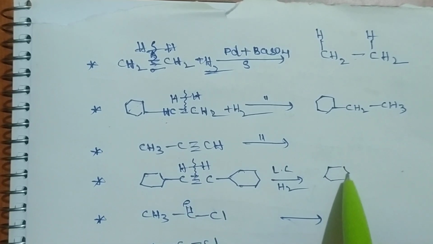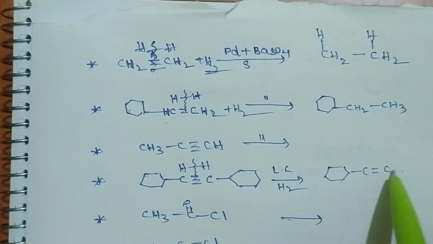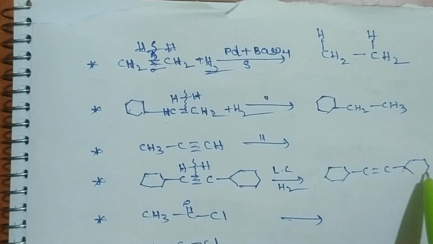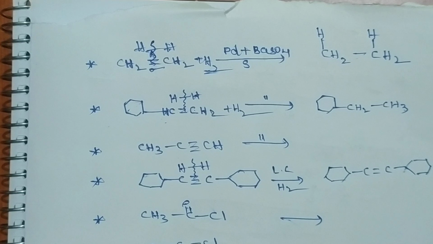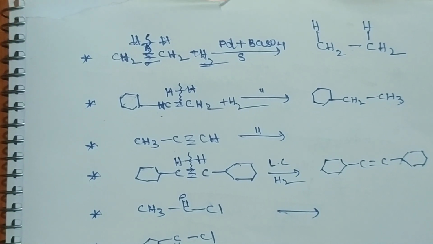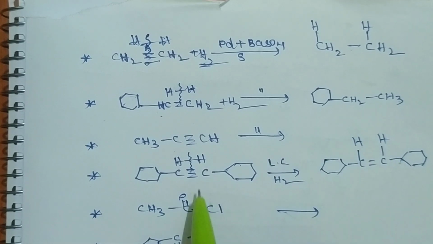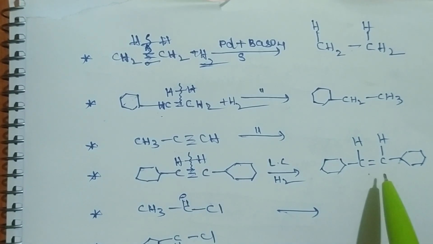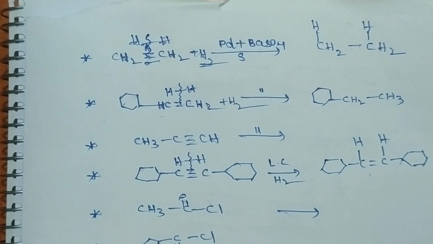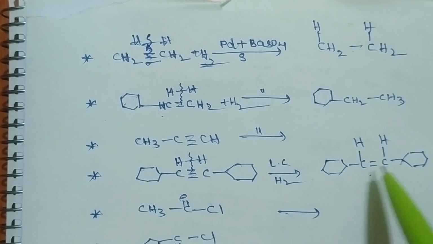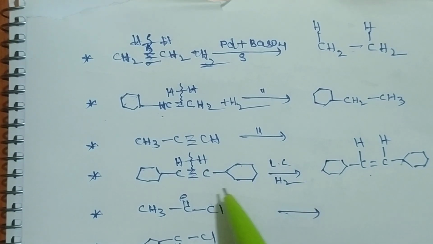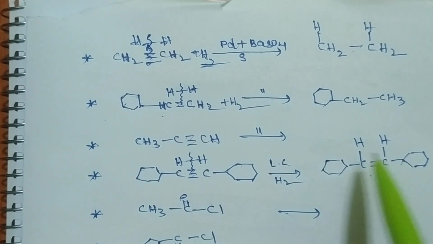By using this simple method we can solve these questions. Just break the double bond and add the hydrogens on the same side. This is called syn addition. Lindlar's catalyst is converting alkynes to alkenes only. Further it can't reduce. So therefore it is called controlled hydrogenation.